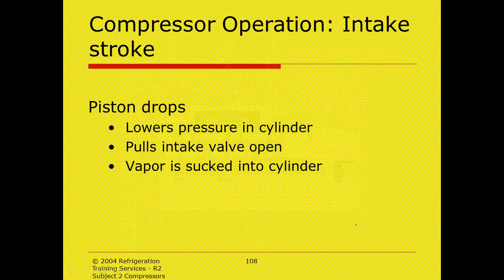Whenever the piston comes down with the crankshaft, it lowers the pressure in the cylinder. Next, it pulls the intake valve open. In the previous cycle the intake valve was closed. Whenever the intake stroke comes down, automatically it pulls the intake valve open. Therefore, the vapor is sucked inside the cylinder while the piston drops.